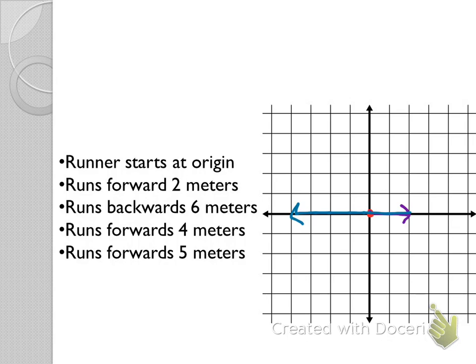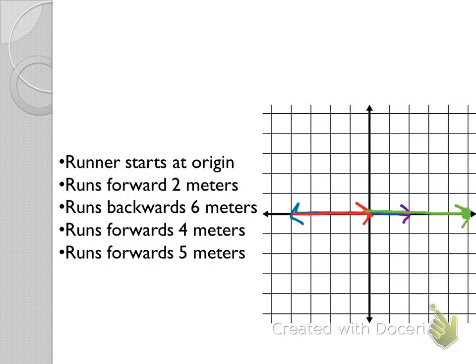Next one, we go forward 4 meters, 1, 2, 3, 4. We happen to be back at our origin. That's coincidental; it doesn't mean it will always happen. Our last vector, we go forward 5 meters, 1, 2, 3, 4, 5. That's where we end up, right here.